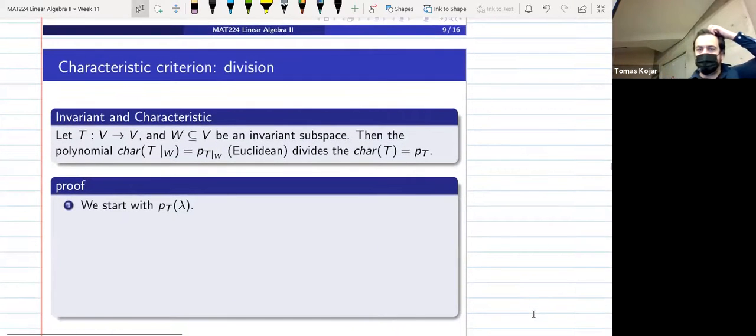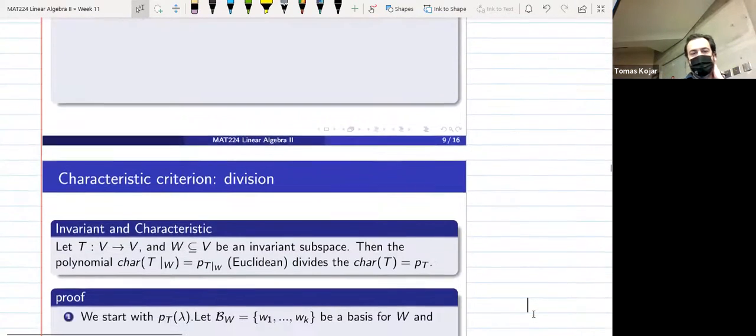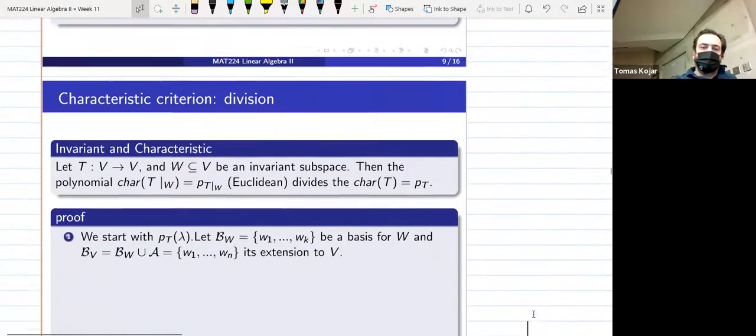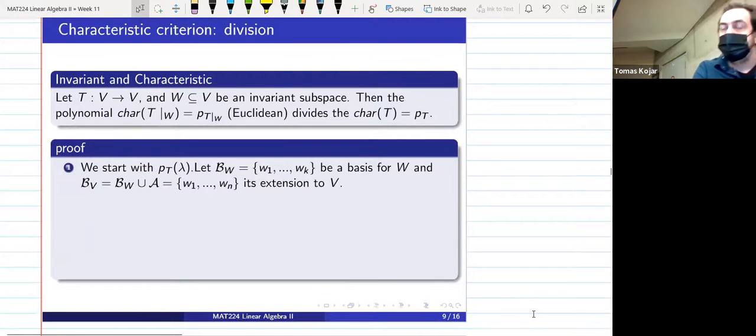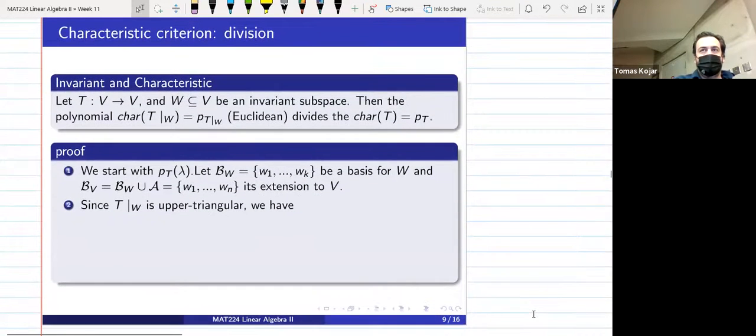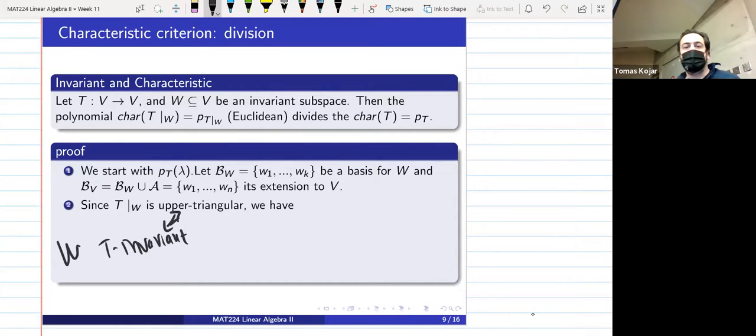So you start with P_T, you pick a basis for W and you extend it to one for V. We proved that W being T-invariant is the same as the matrix of T_W in basis B being upper triangular.